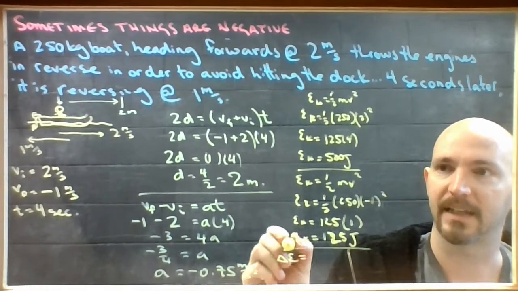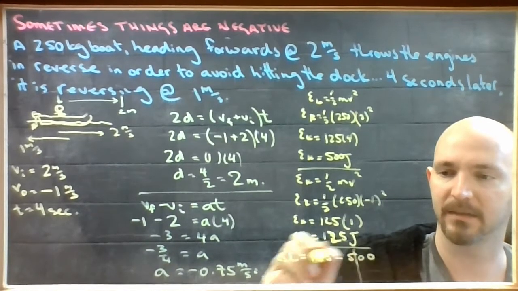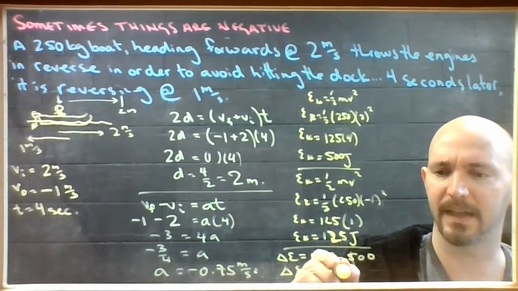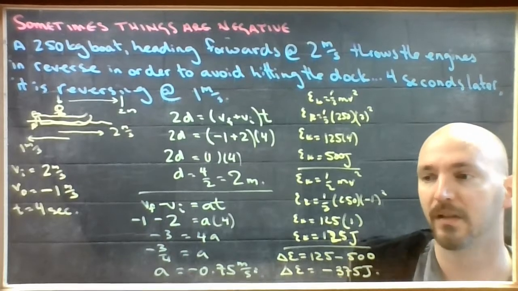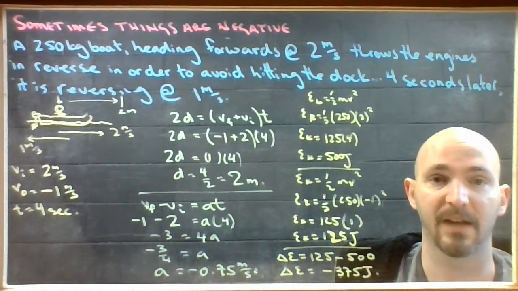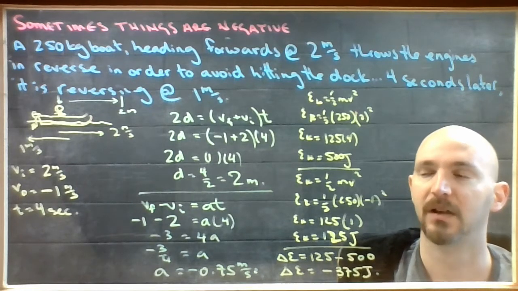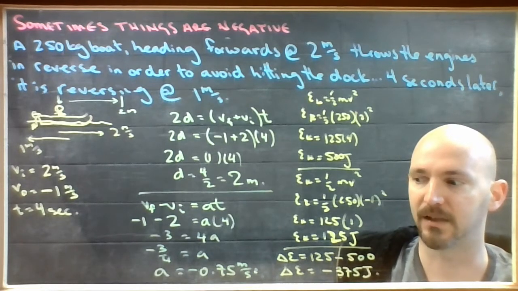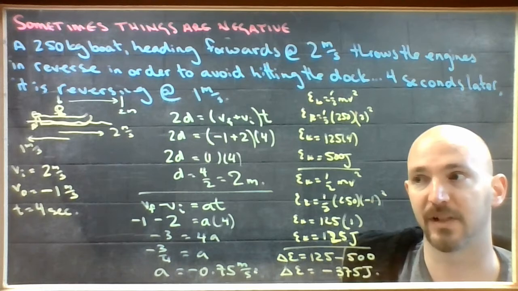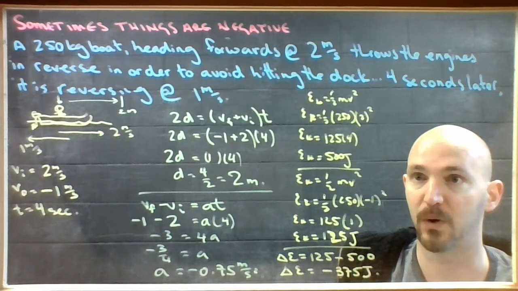So the change in kinetic energy would be the energy at the end minus the energy at the beginning, which gives us a value of minus 375 joules. Because it is traveling more slowly at the end of this little exercise, 375 joules of kinetic energy have come out of the system and have to have gone into something else. The way boats work is the propeller has moved a whole bunch of water, so this much kinetic energy has been transferred out of the boat through that process of moving other water.